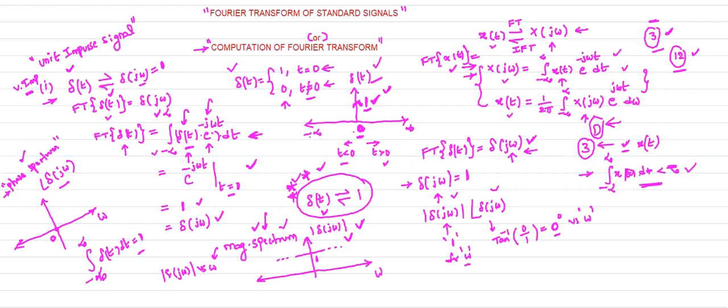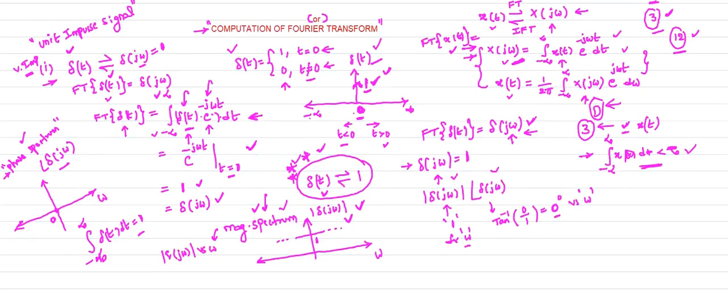We have some special signals, and for those signals we find the Fourier transform not by using this formula but using a separate procedure. Therefore, the Dirichlet's conditions are not necessary but sufficient conditions. So this is the Fourier transform of the unit impulse function.